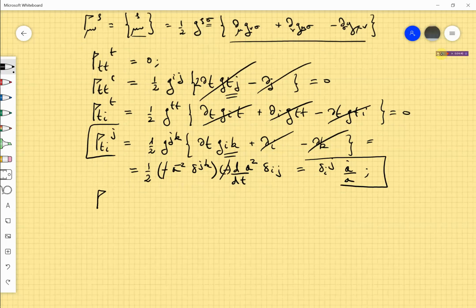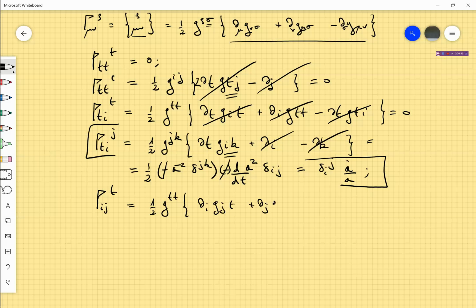And finally, we have to check ijt. This is gtt, partial i gjt plus partial j git.